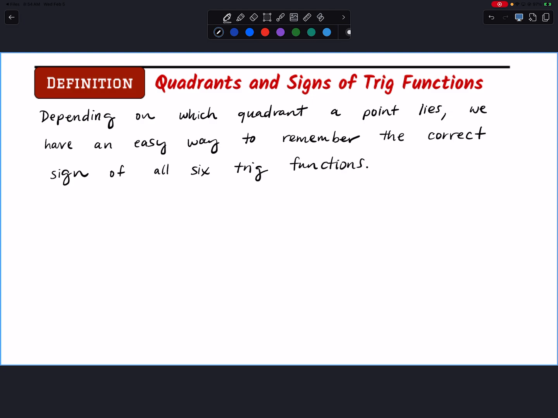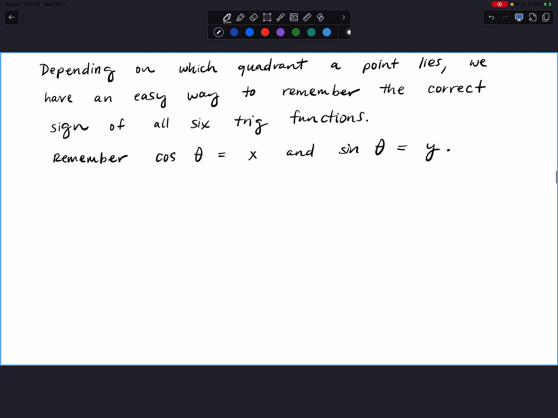So for this, we have to remember that the cosine of theta is the same thing as x, and the sine of theta is y. Okay, so I'm going to show you guys all 4 quadrants and what's happening in each quadrant.